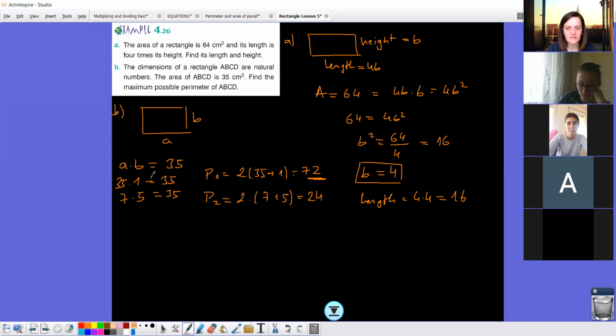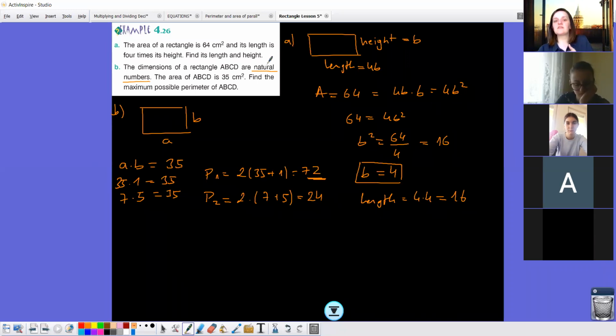You understand? Guys, in geometry especially, in math also in general, some information has to be given. If it wasn't given here that the dimensions are natural numbers, you cannot write this directly, it's only some possibilities.